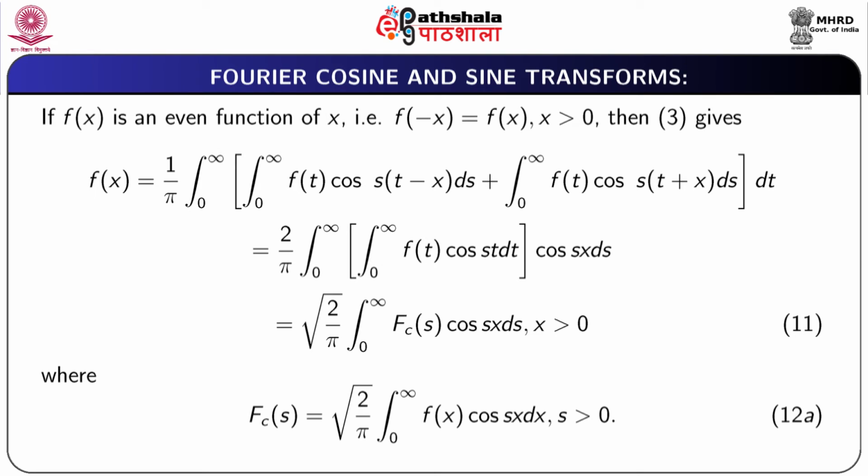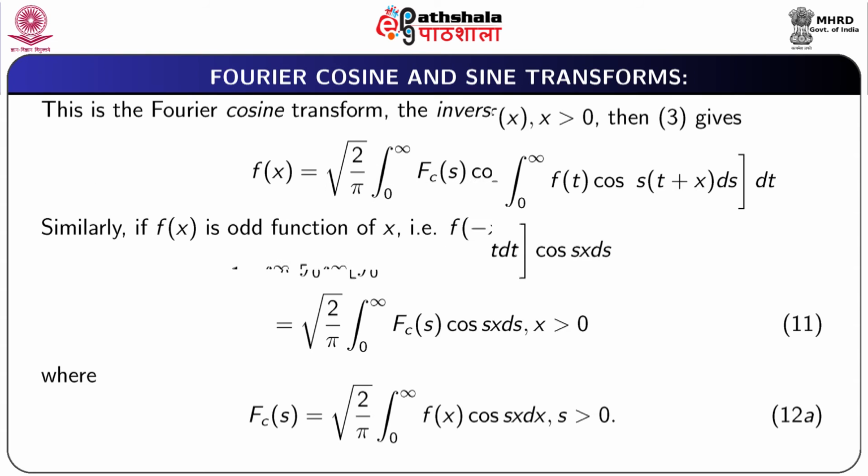Here we have taken the inner integral, that is the t integral, as F_C(s), and that is equal to √(2/π) ∫ from 0 to ∞ f(x) cos sx dx, s positive, and this is known as the Fourier cosine transform.